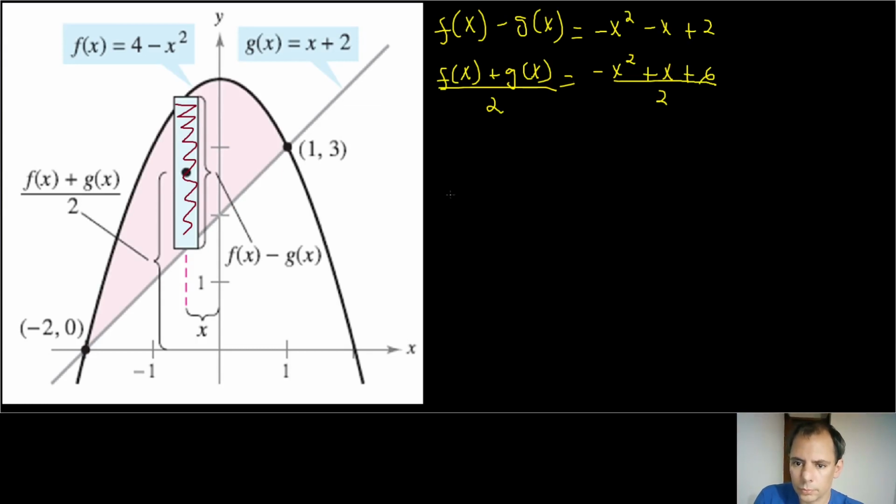Now, for example, to get the moment about the x-axis, M sub x, it's going to be these two multiplied, dx. So let's try to multiply these two in here. You're going to have x to the 4th divided by 2.